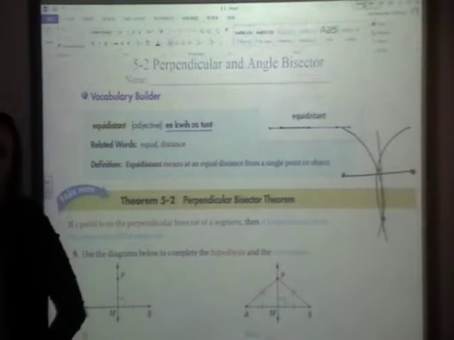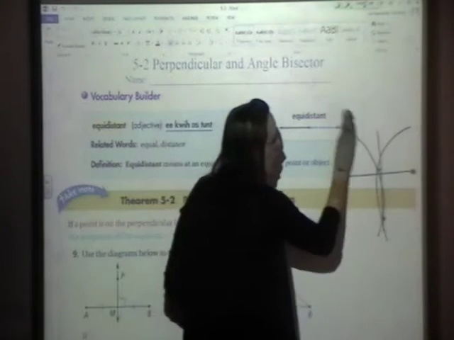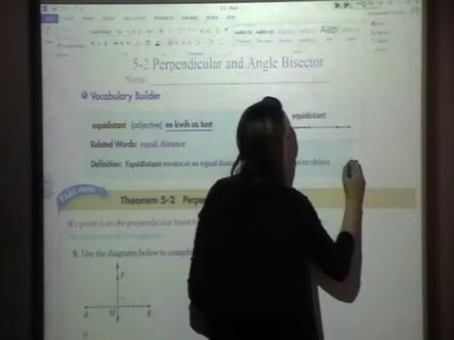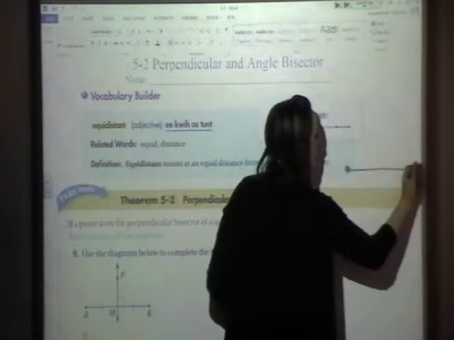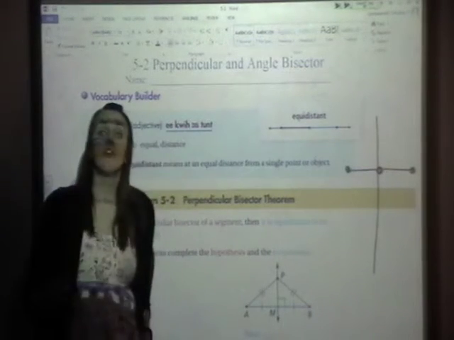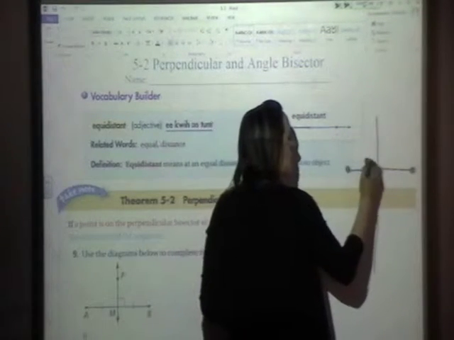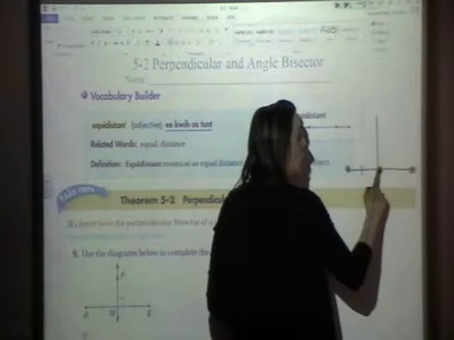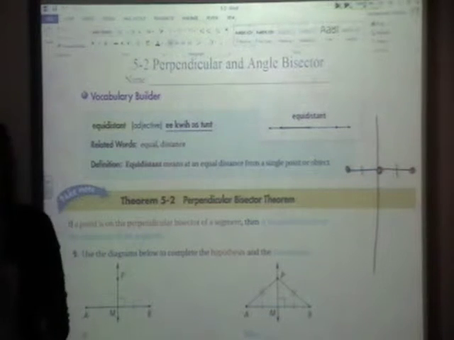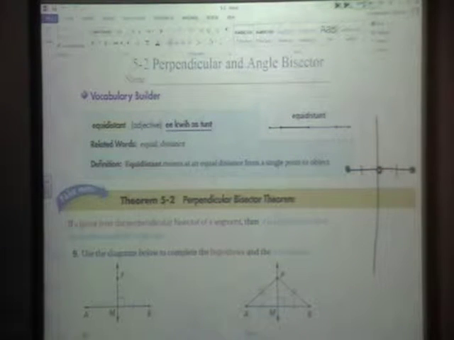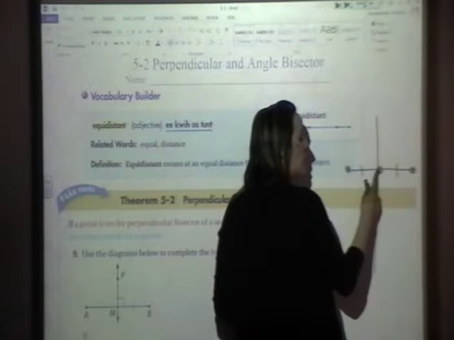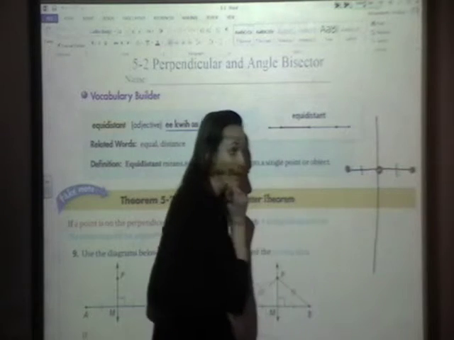But if we get rid of our arcs, we created a line perpendicular to our original line at the midpoint, which means middle. So the distance from endpoint 1 to midpoint is the same as midpoint to endpoint 2. They're what's called equidistant. Equi has the word equal in it, so that means they're the same distance.